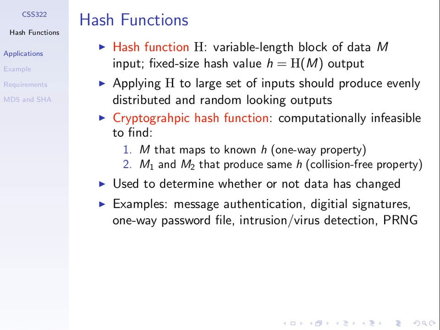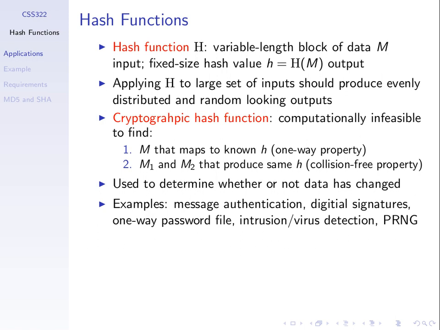Another important property that we'll need for security purposes is that if we take two different messages as input, m1 and m2, and apply our same hash function, we get two different hash values in output. We don't get a collision. A collision would be if I apply my hash function on m1 and then on a different message, m2, and get the same hash value out.